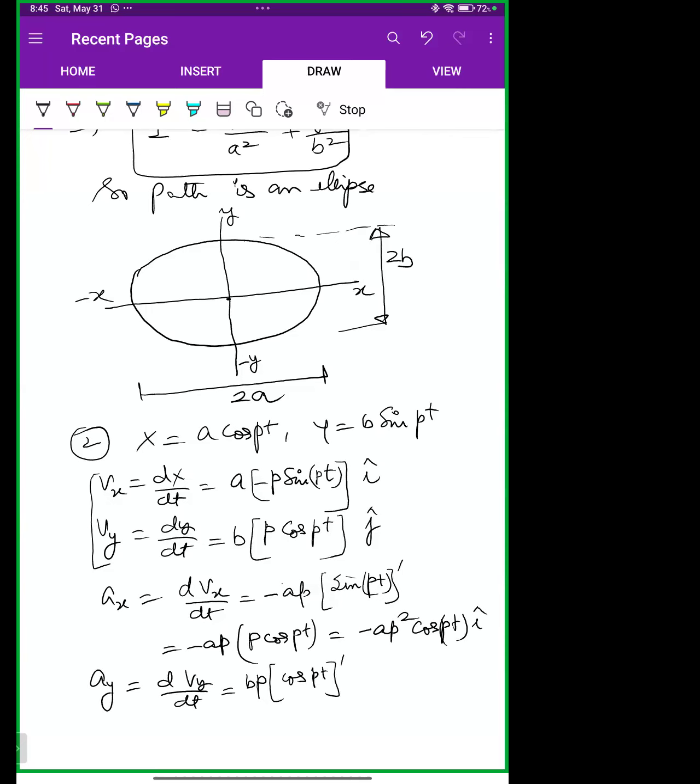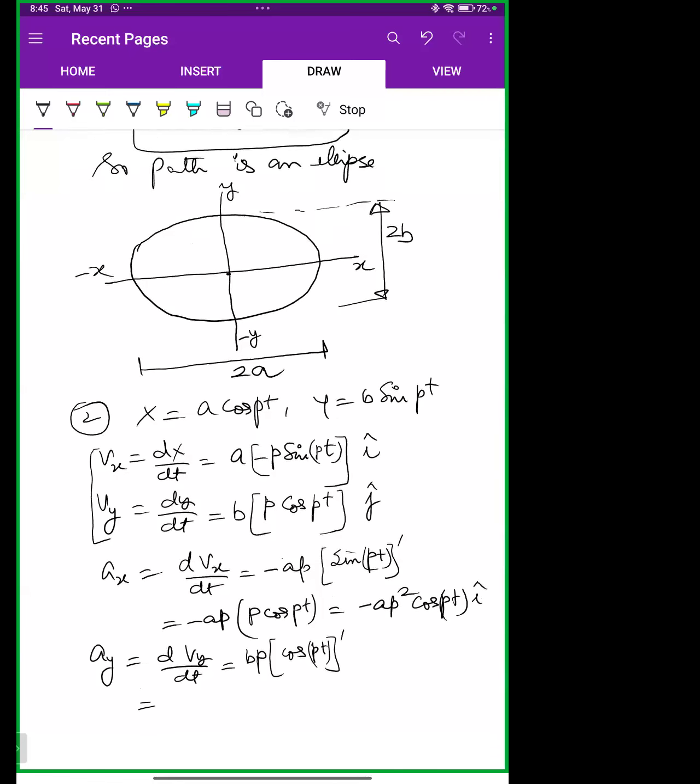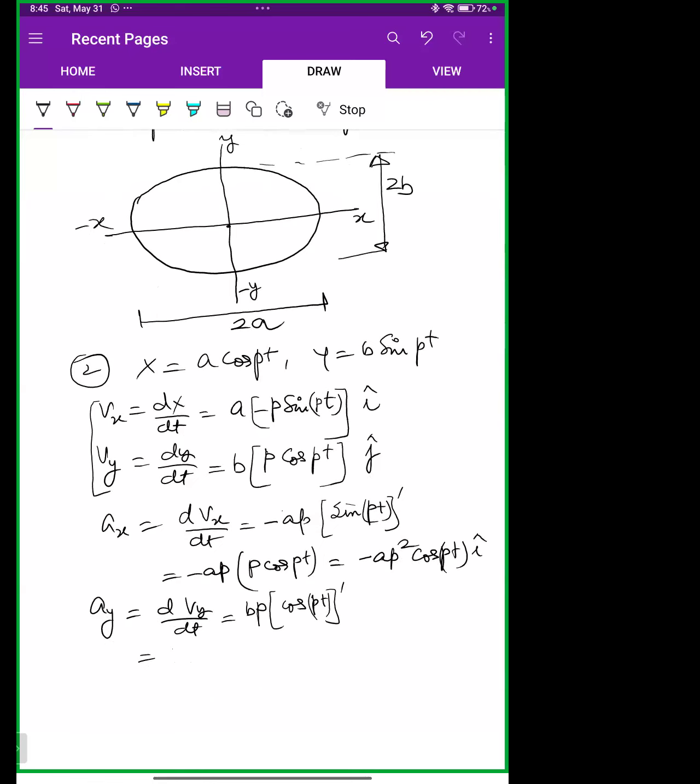So it comes to BP, cos PT differentiation is cos becomes minus sin. So minus P sin PT. That comes to minus BP square sin PT and the direction is J cap.